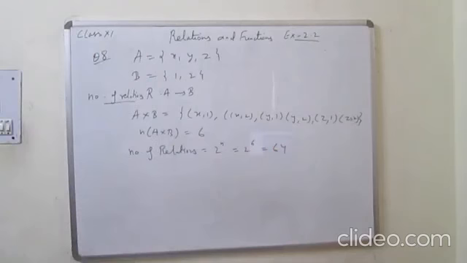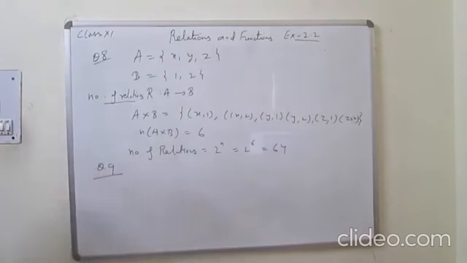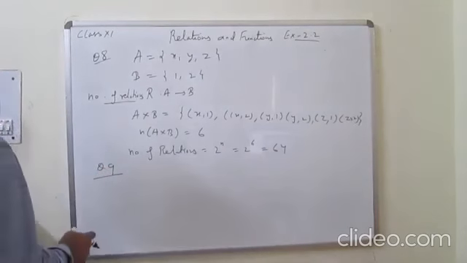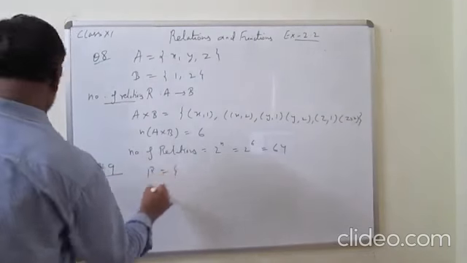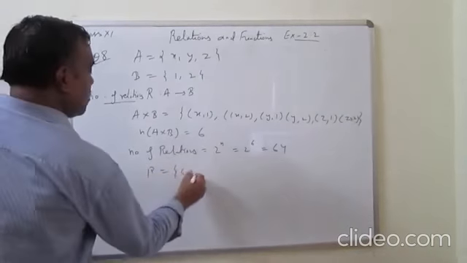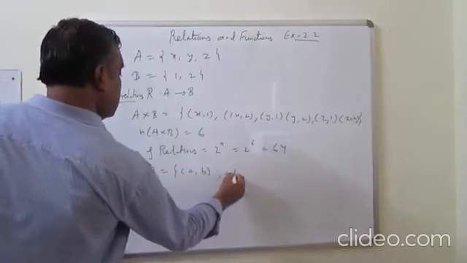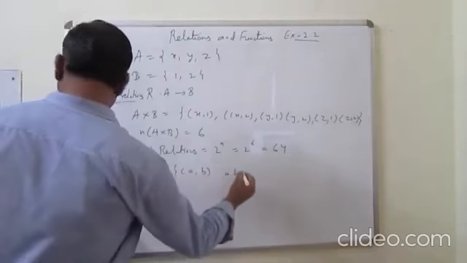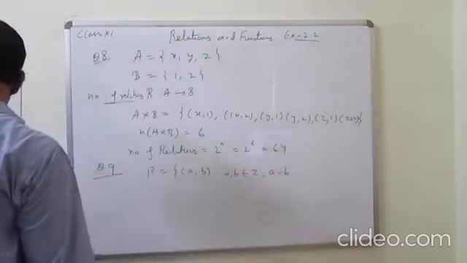Now the last question, number 9. See here, let R be a relation on Z defined by R equal to {(a, b) such that a, b belong to Z and a minus b is an integer}.